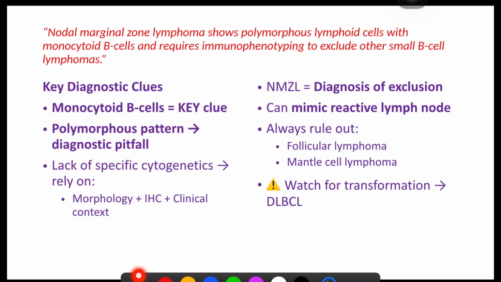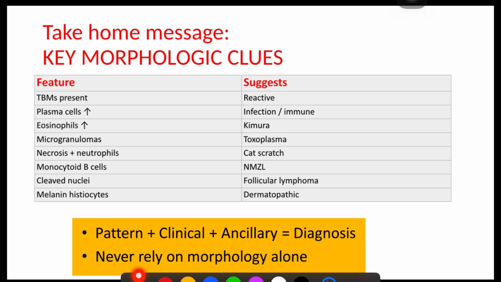So, nodal marginal zone lymphoma shows a polymorphous population with monocytoid B cells, and requires immunophenotyping to exclude other small B cell lymphoma. And all this which we have discussed is for the polymorphous cell pattern.